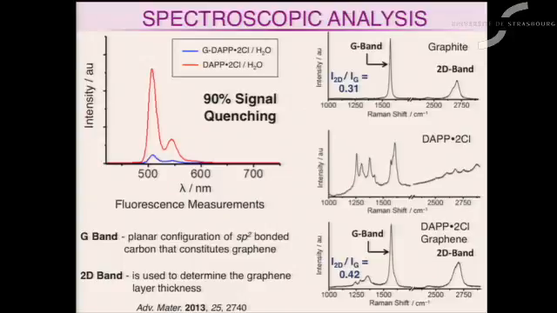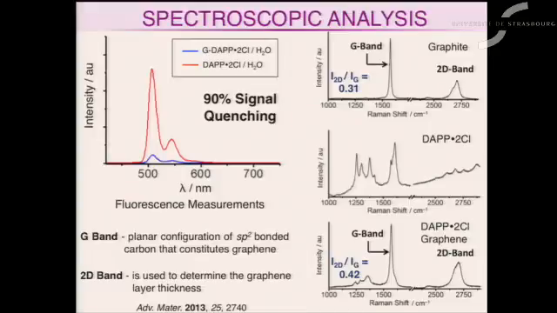And the people in the graphene field, of course, characterize the graphene as a result of looking for the G band, which is expressing the planar configuration of the sp2 bonded carbons that actually constitute the material, and then the 2D band up here that is the way to get an idea of the thickness of the graphene layers.